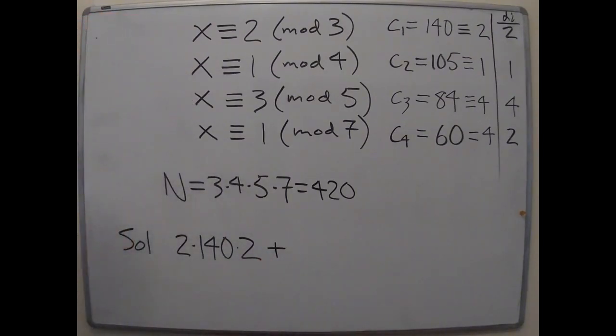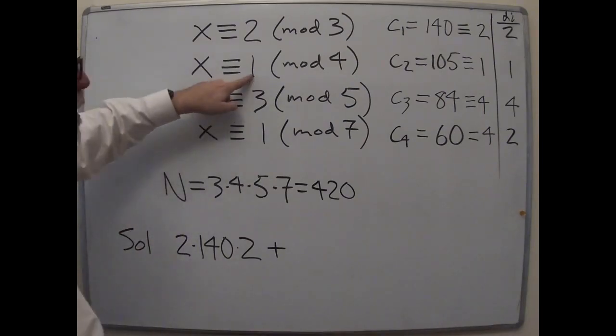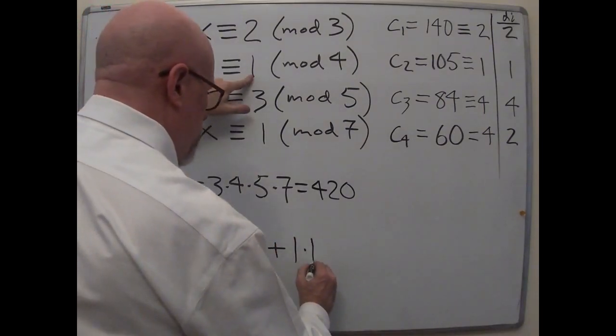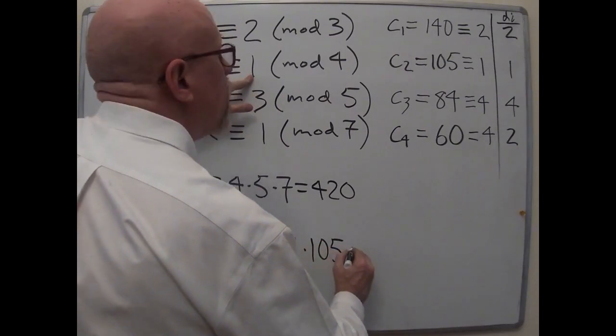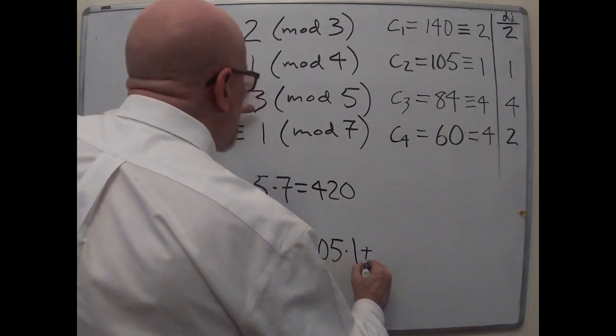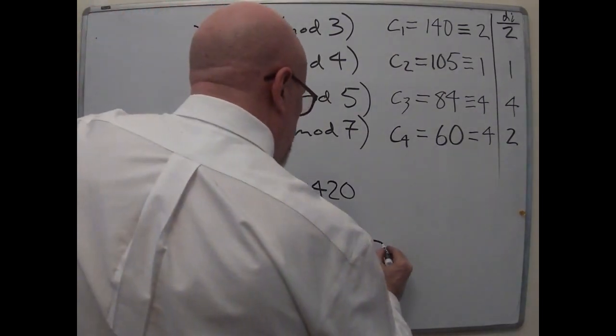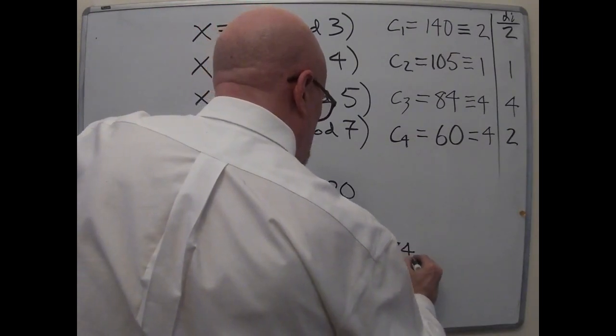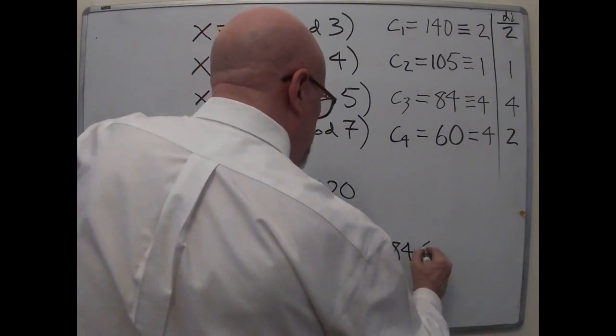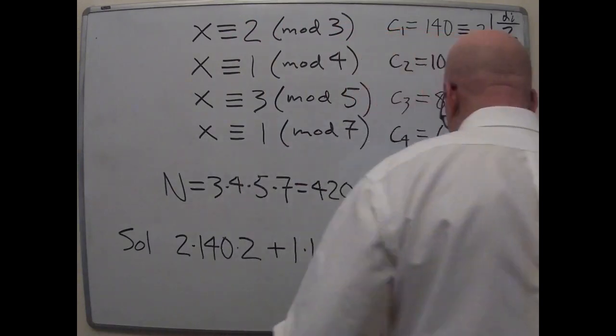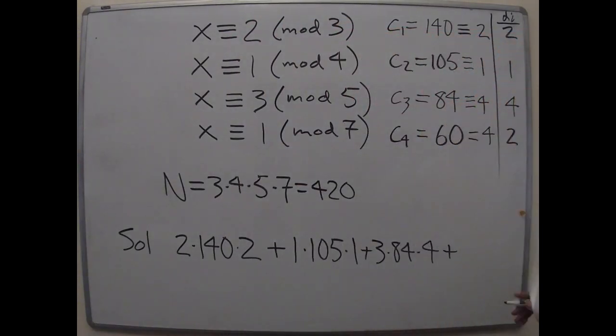Let's just compute first, and then I'll make some observations about these numbers. But then the next one would be 1 times 105 times 1. The one after that is 3 times 84 times 4. And lastly, 1 times 60 times 2.